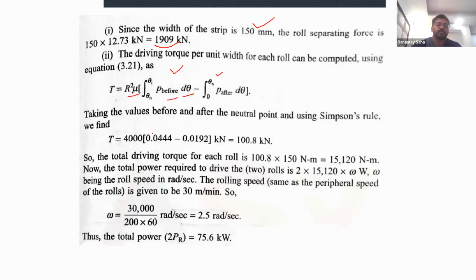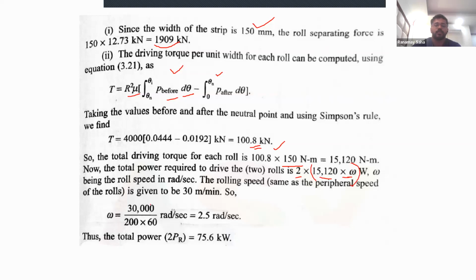Once you know the torque, you multiply that with the angular speed of the rolls to find out power. This is the torque for unit width of the strip, this is the total torque, and this torque into omega, twice of that for 2 rolls, gives you the total power.